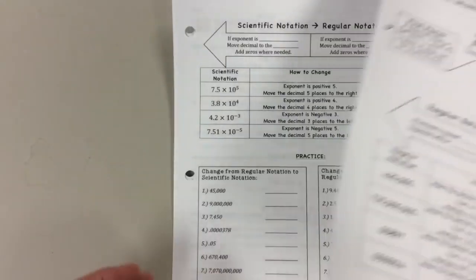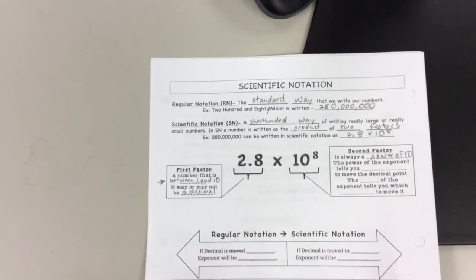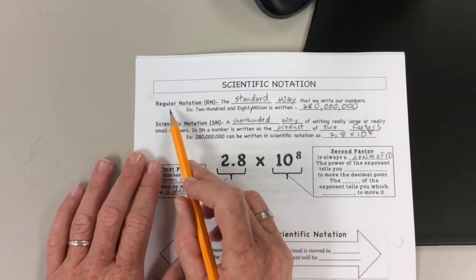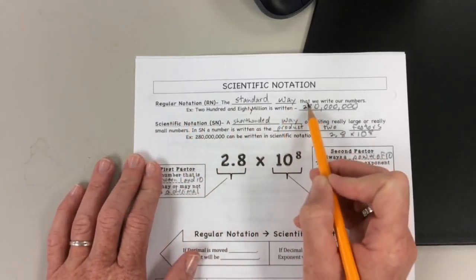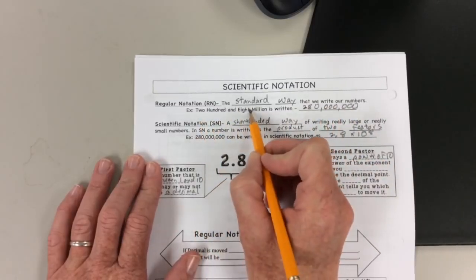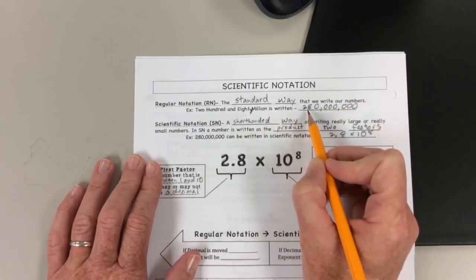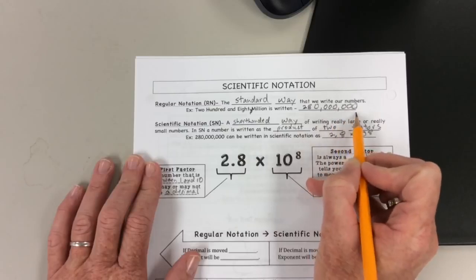Now let's start filling this packet out. As I said, I had already started, so I'll take time to have you fill this in. Regular notation is the standard way that we write our numbers. Example, 280 million is written 280,000,000.